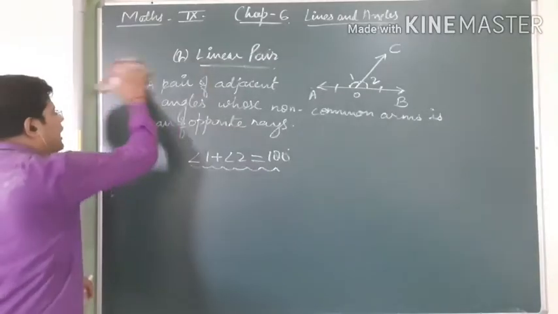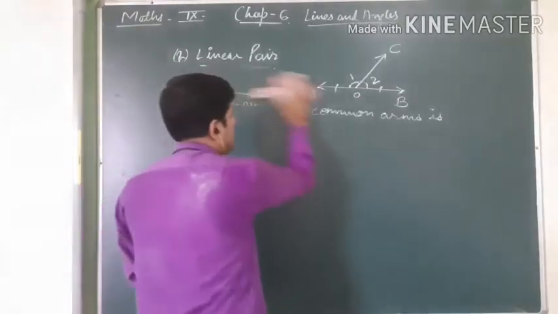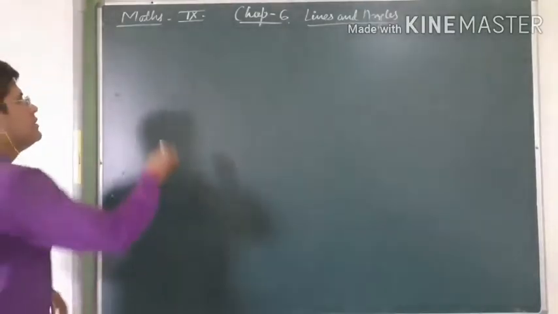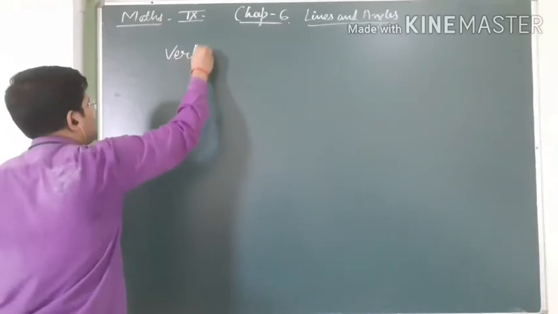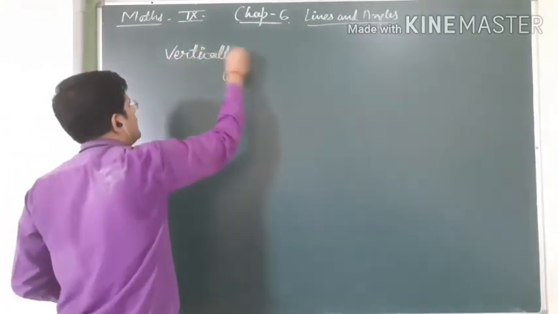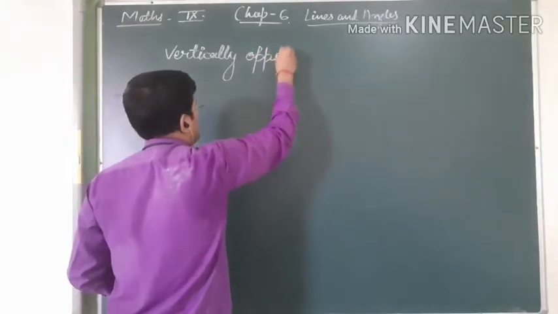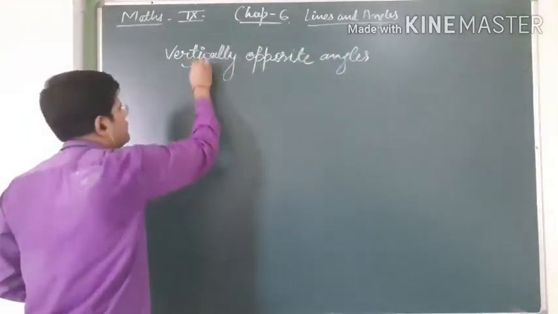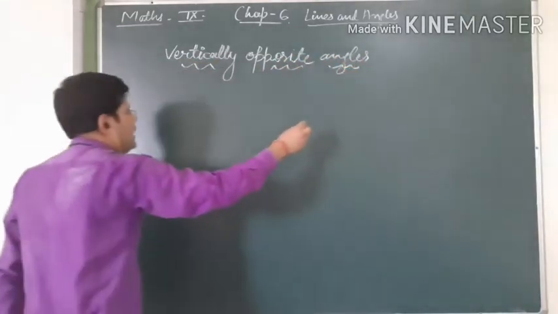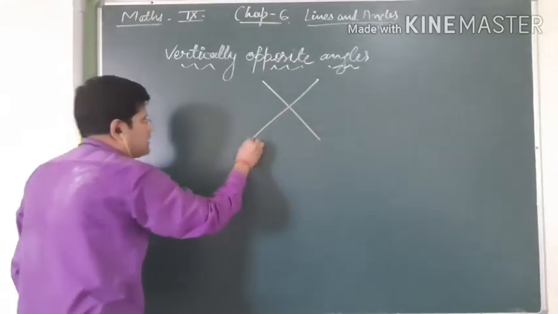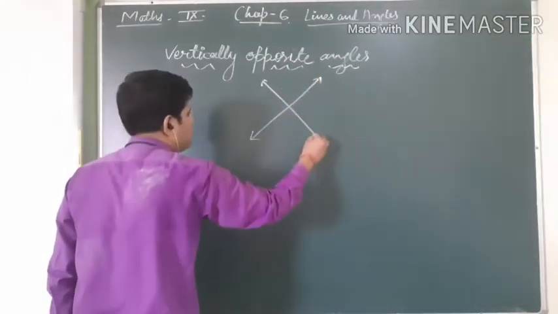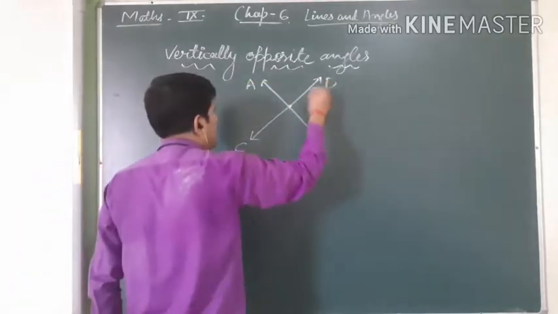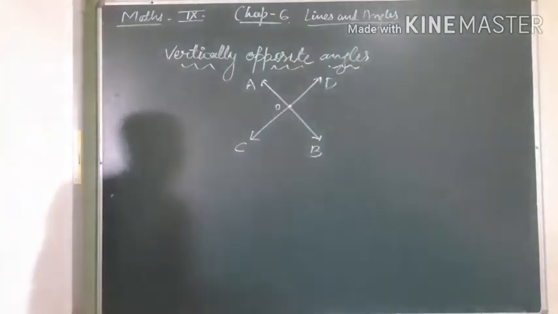Okay students, now I am going to switch this property. After this property, I am going to define vertically opposite angles. What is a pair of vertically opposite angles? If two lines intersect at a point, then four angles are formed. AB and CD are two lines, and O is the point, and four angles are formed.